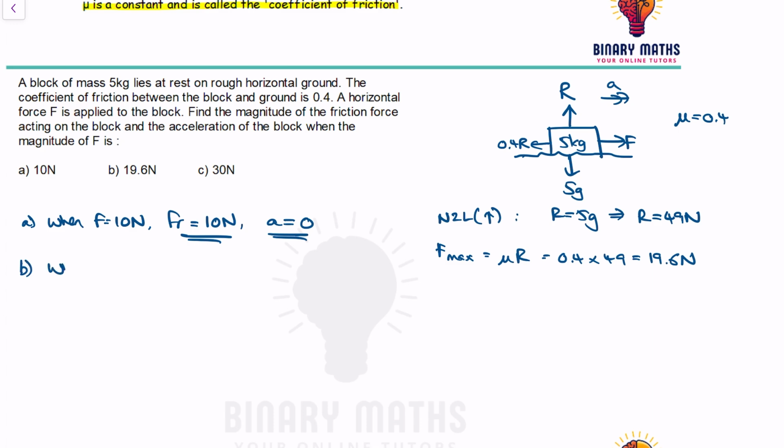B, when F, the forward horizontal force, is equal to 19.6 newtons, then friction, because maximum friction is 19.6, will also be 19.6 newtons. Again, it has reached limiting equilibrium, but it's not moving, so acceleration will be equal to 0.